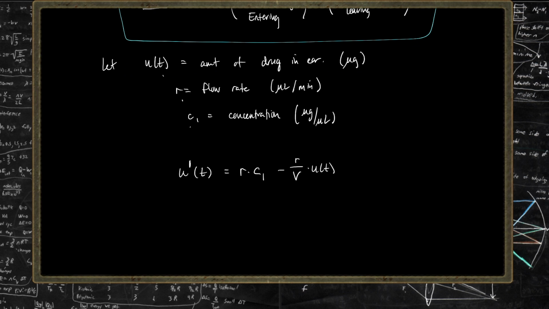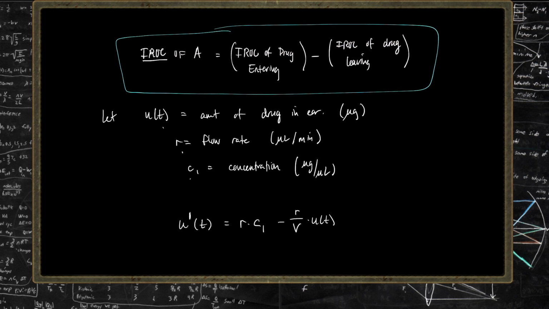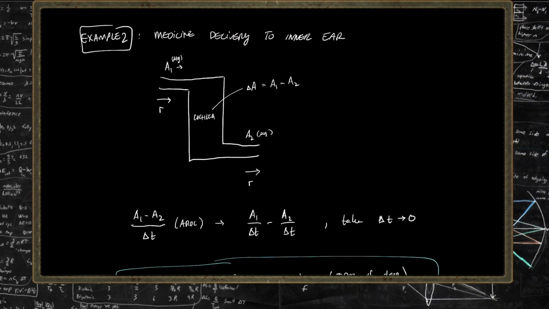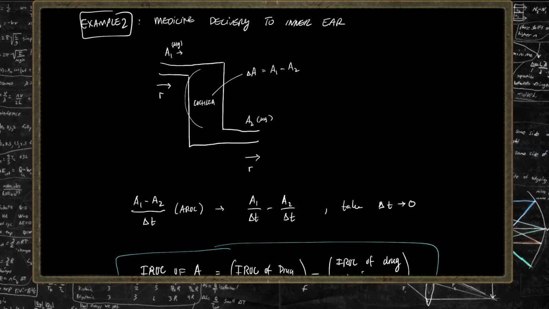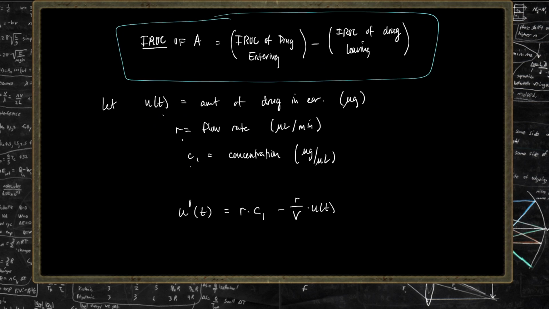So we know that we've got an outward flow of R, microliters per minute. So that's why this is maybe that minus R we're seeing. V is the volume of the entire inner ear here. So V is like how much fluid is in this entire chamber. And so R over V is giving you what?